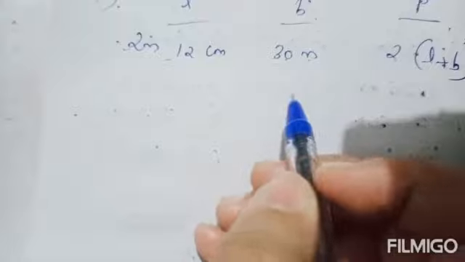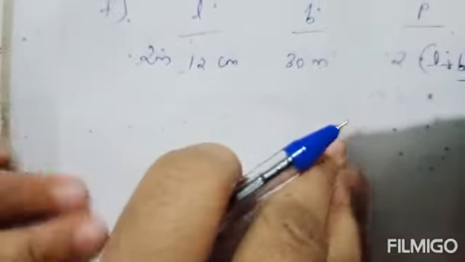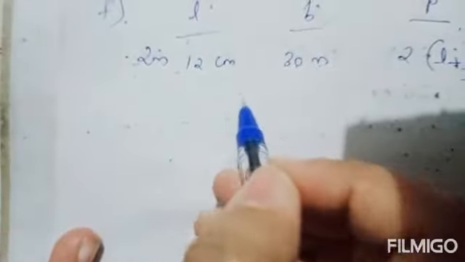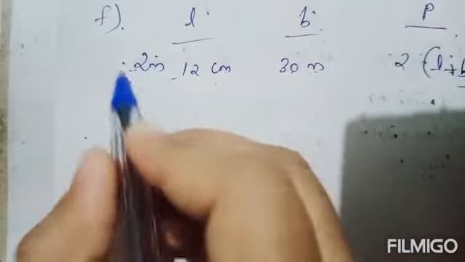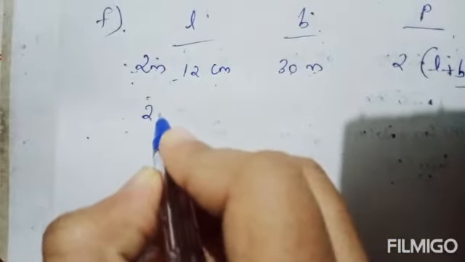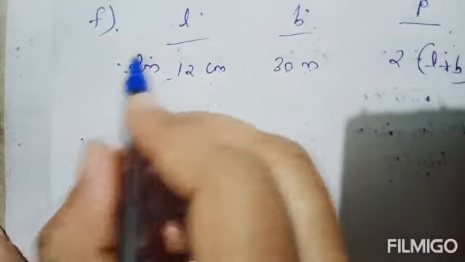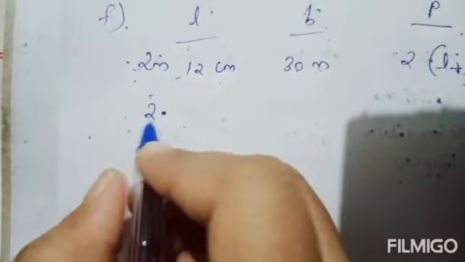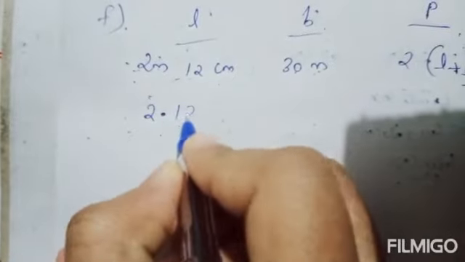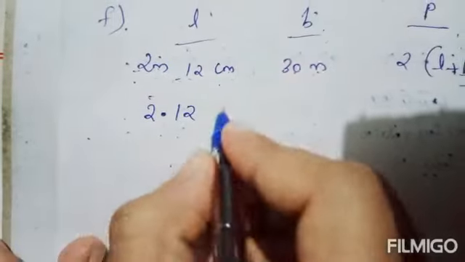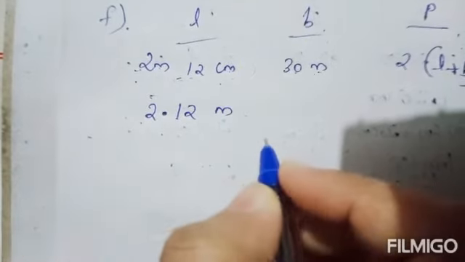You can convert this length to meter. Okay. Now how you can convert 2 meter 12 centimeter to meter? This meter you can write in decimal before decimal. Okay, 2 meter you can write before decimal point. The centimeter you can write after decimal point. So 2.12 meter it is.